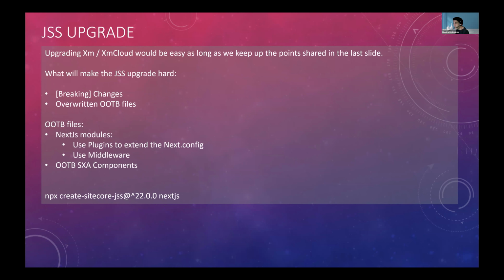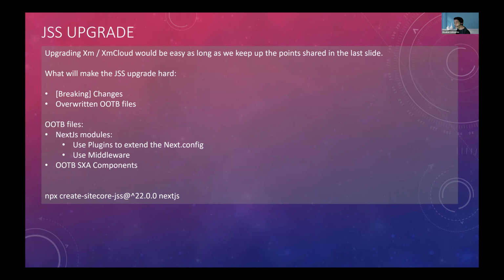Martin has done a lot of posts on LinkedIn on how to handle some of these changes. For example, for the Next config, you can use a plugin and basically extend it instead of doing the changes directly in the Next.js. You can use middlewares if you need to change something during the rendering pipeline.